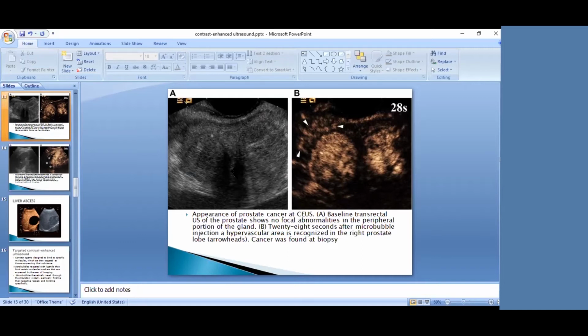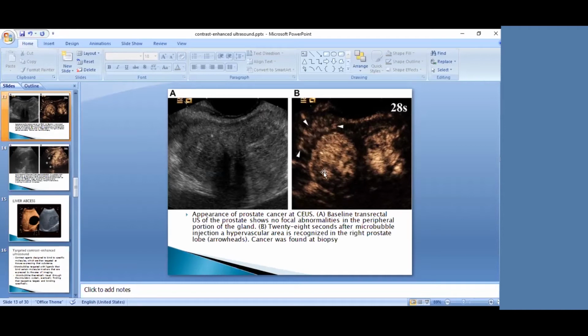A is the baseline transrectal ultrasound of the prostate, showing no focal abnormalities in the peripheral portion of the gland. You can see we can't differentiate any lesion.